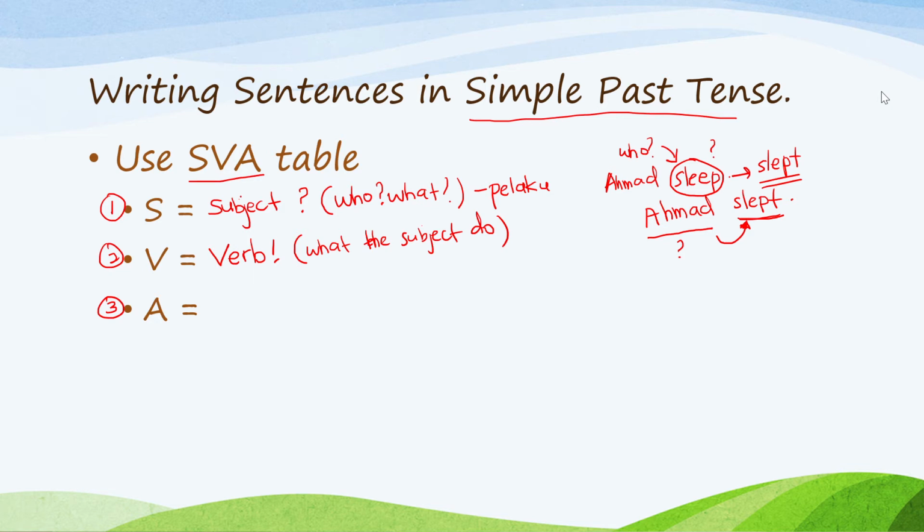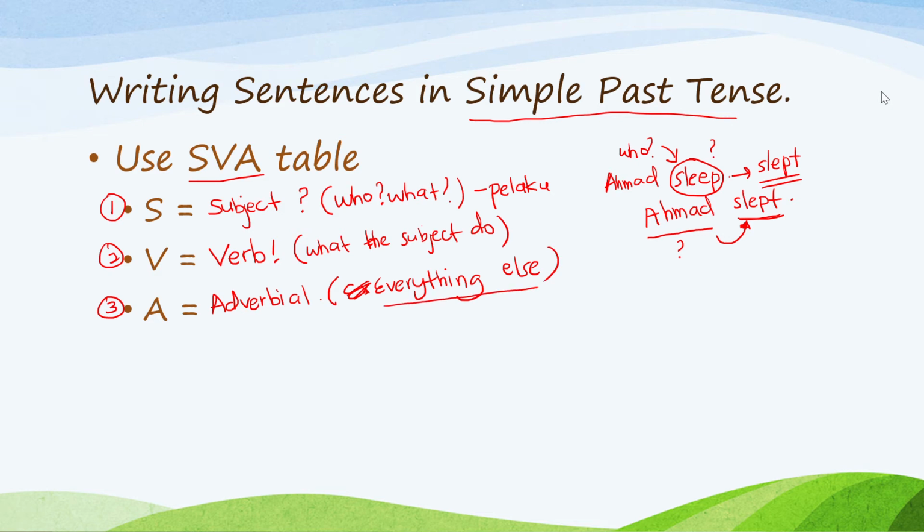Okay? A. What is A? In this SVA table, SVA formula, A should be adverbial. What is adverbial? This is very easy. Adverbial means everything else.